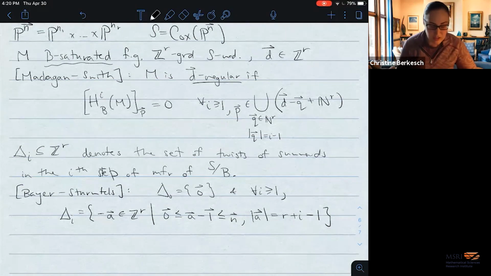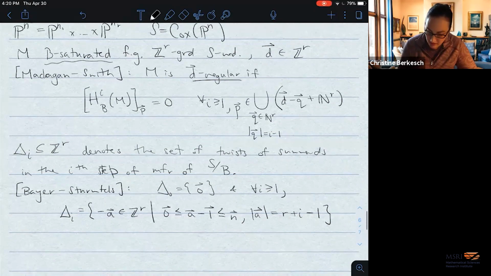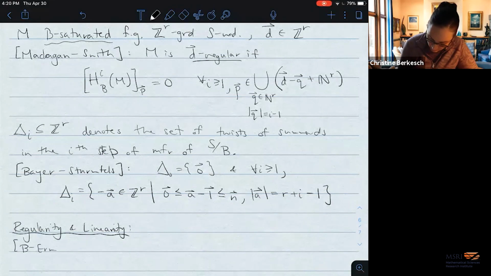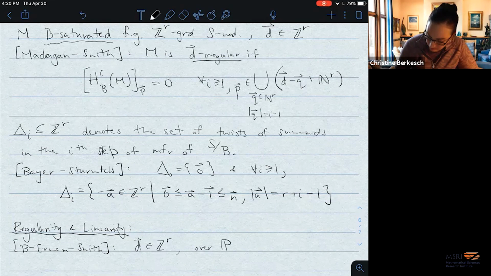All right, before, over a single projective space, being regular gave you a nice linear resolution for the truncated module. We have something similar here. So we'll fix our vector d, and we're still working over Z to the r with M as before.